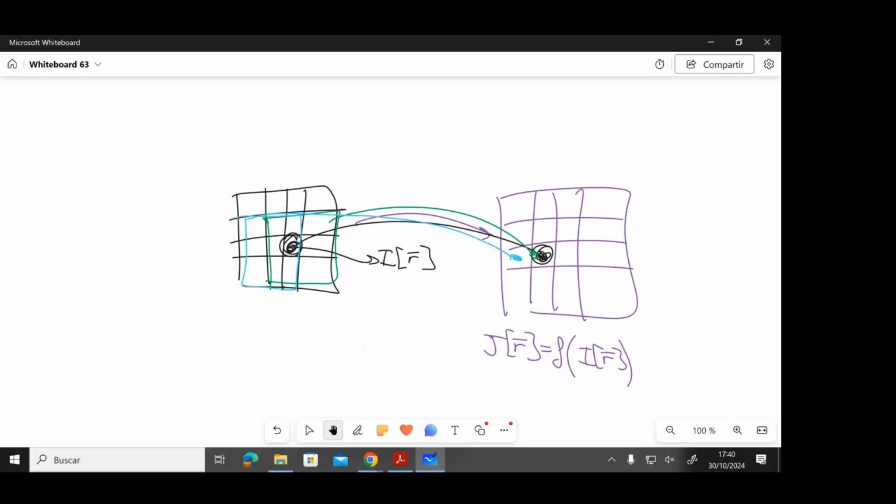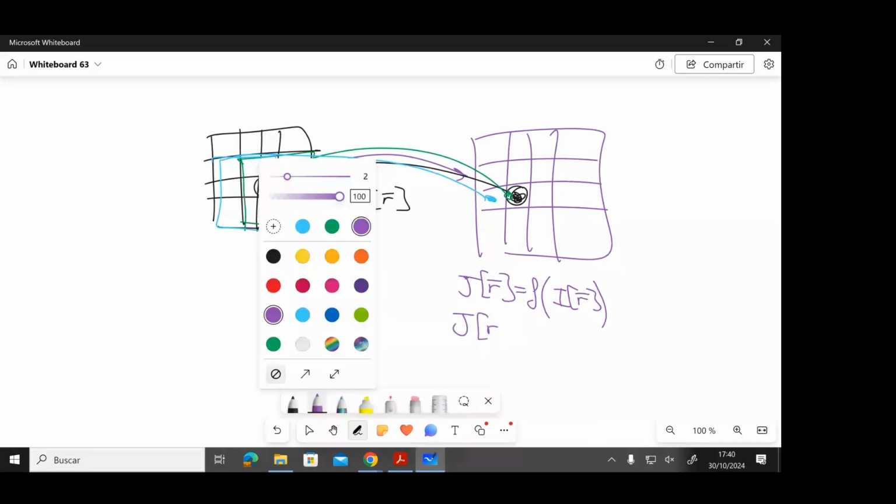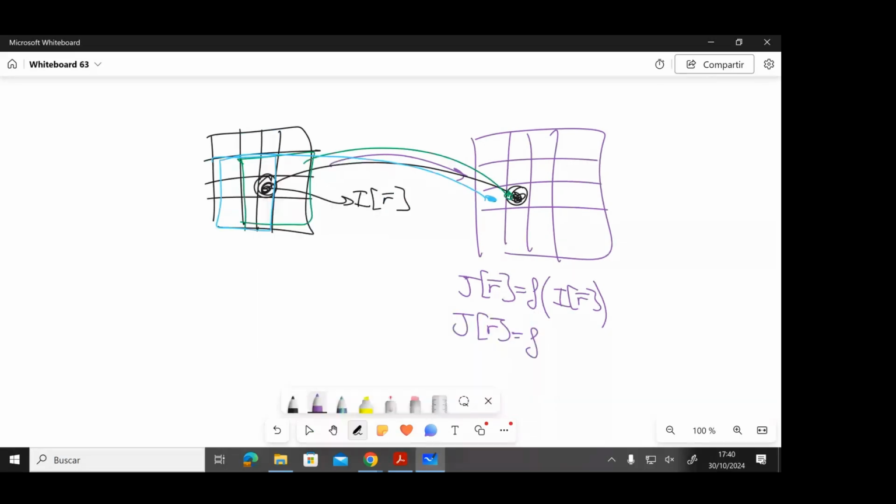We can say J(r) is a function, but now a function of the neighborhood of I(r).